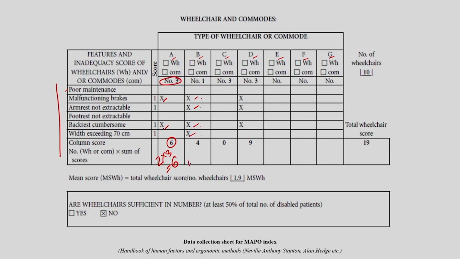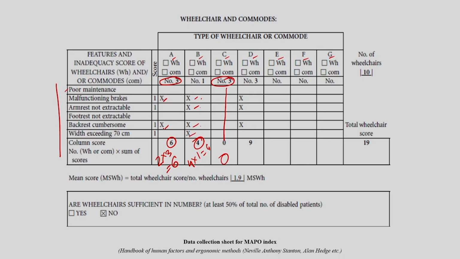So, total value is 4, whereas such number of wheelchair is only 1. So, multiplied by 1 is equal to 4. This is the value. Okay. You have 3 wheelchair which is fully functional. Okay. No problem. So, that means value is 0. 0 multiplied by 3, value is 0.